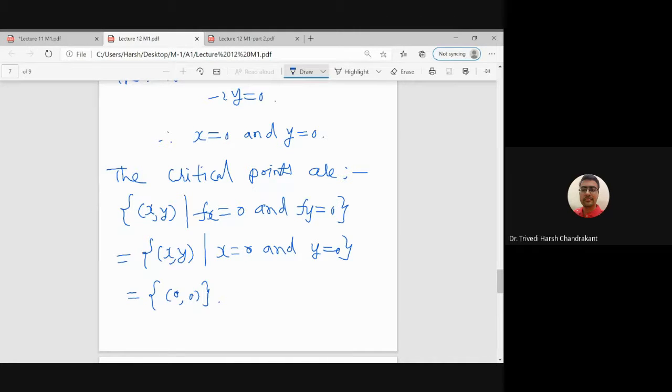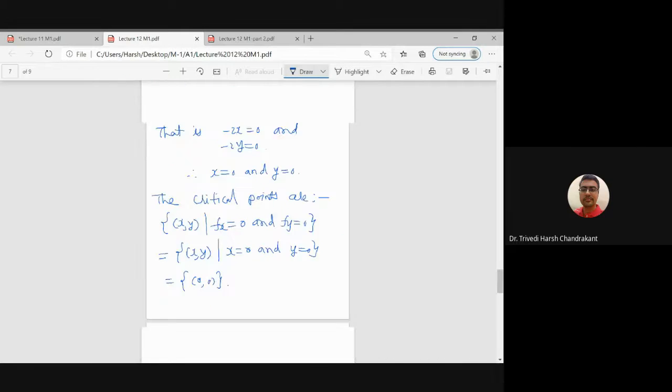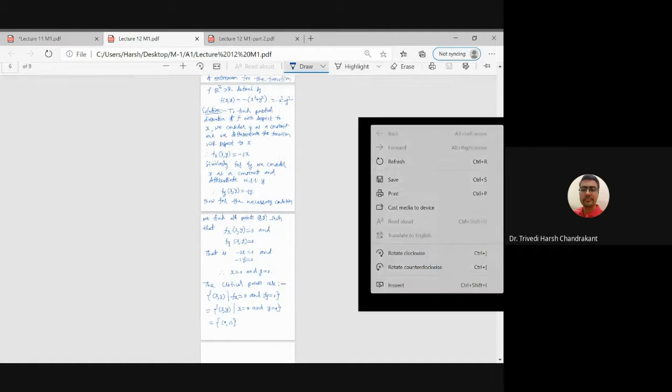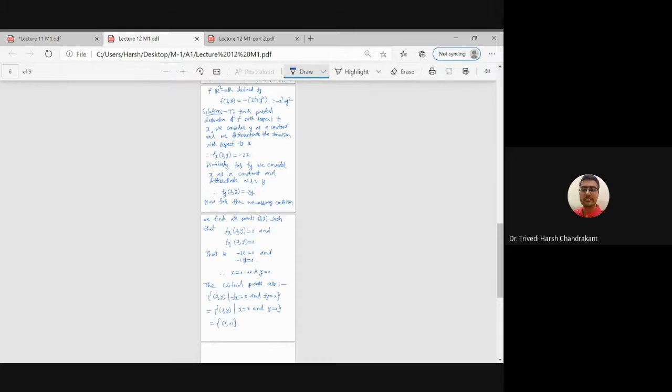It depends on the given example how many critical points we get. Here the function was quite simple, it was just minus x square minus y square, so we got only a single point.